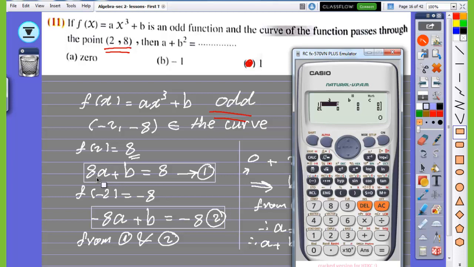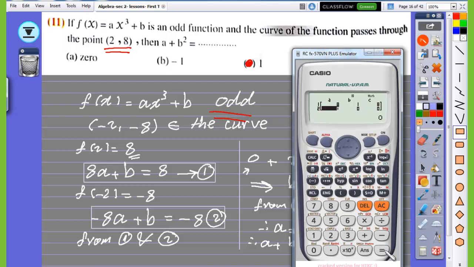The coefficient of a here is 8. We write 8, then press equal. The coefficient of b here is 1, equal, and the absolute term is 8, equals.